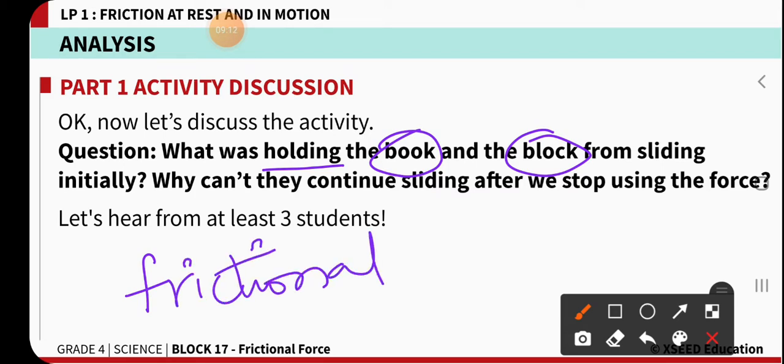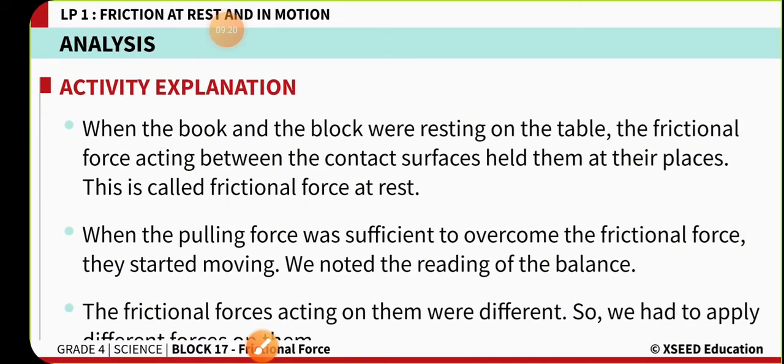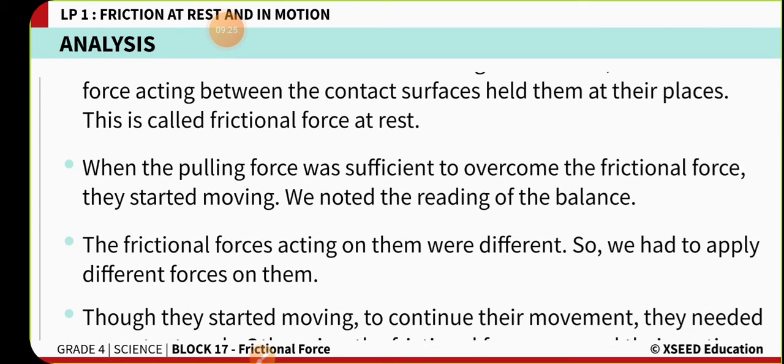But why can't they continue sliding after we stop using force? Yes, when you apply a pulling force, it was sufficient to overcome the frictional force, due to which the book and the block are sliding.